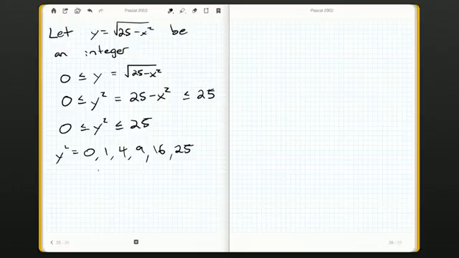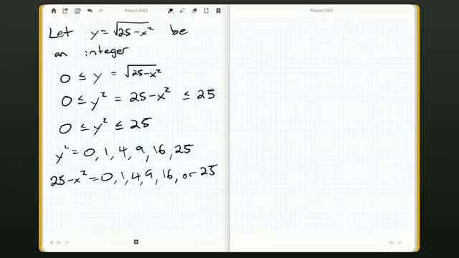It has to be a perfect square, so 25 minus x squared's got to be one of these: 0, 1, 4, 9, 16, or 25. So what we can do is take each one of these equations in turn, solve for x, and see, is x an integer? And how many integers solve this?